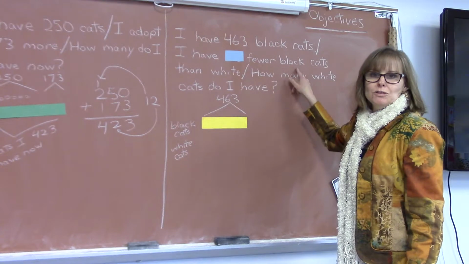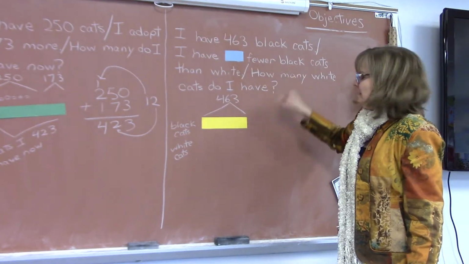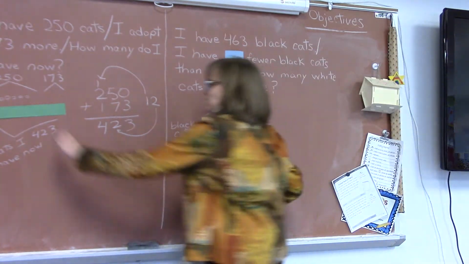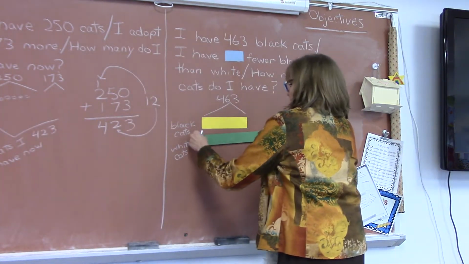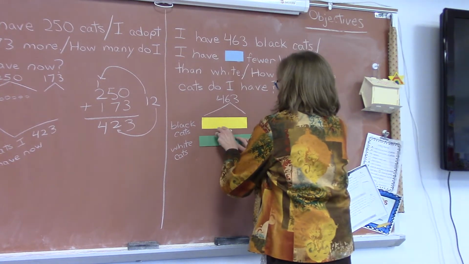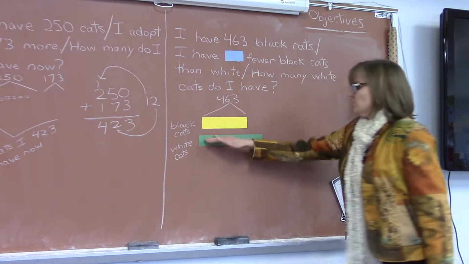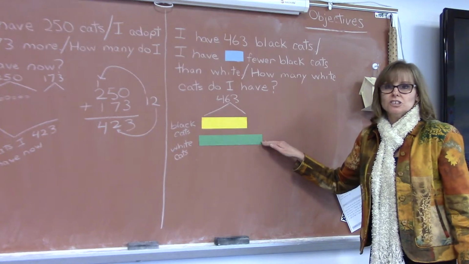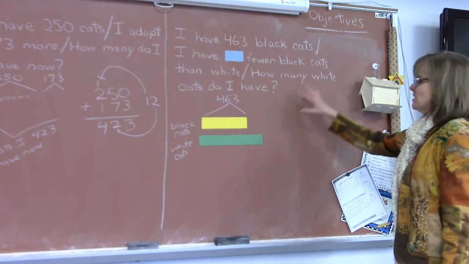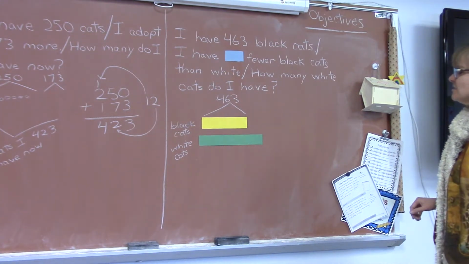Oh, I have fewer black cats. That means that this bar model needs to be smaller. So that means I actually have more white cats than I have black. So I'm going to use a longer bar model to show that. Now our next piece of information says, how many white cats do I have?